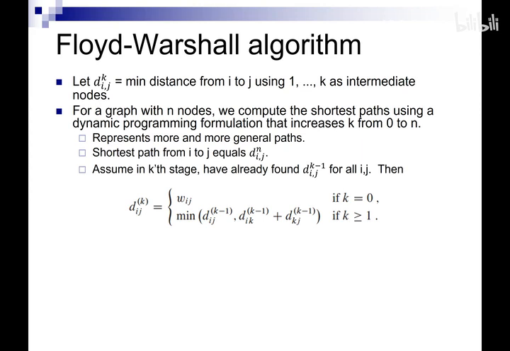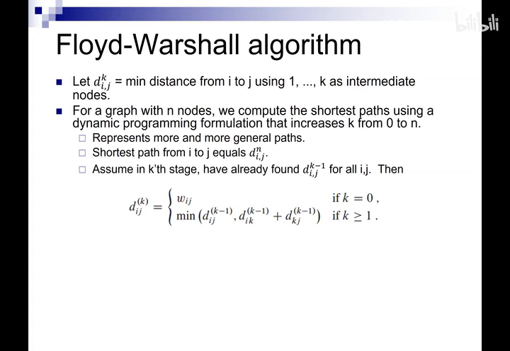And the way the DP works is that, assume we're in the kth stage, and we've already run all of the previous stages. So that means that we know d_ij(k-1) for all i and j. Now we want to compute d_ij(k). If k is equal to 0, then you cannot use anything as an intermediate node.